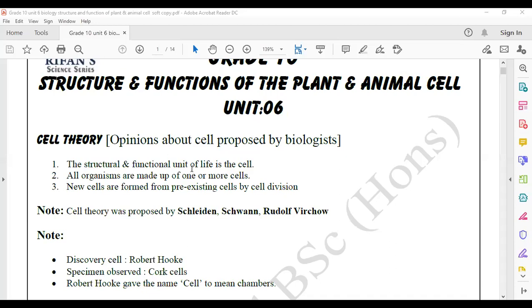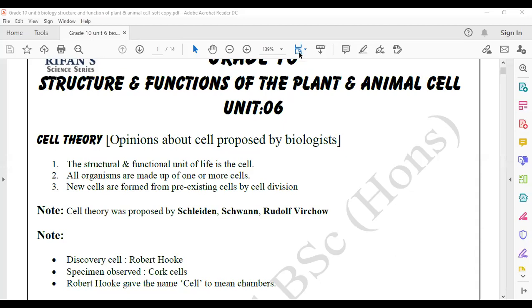If you are growing, it is done by cells. If you are running, by cells. If you are digesting food, by cells. If you are thinking, by cells. Whatever work is going on in your body, all of it is done by cells.